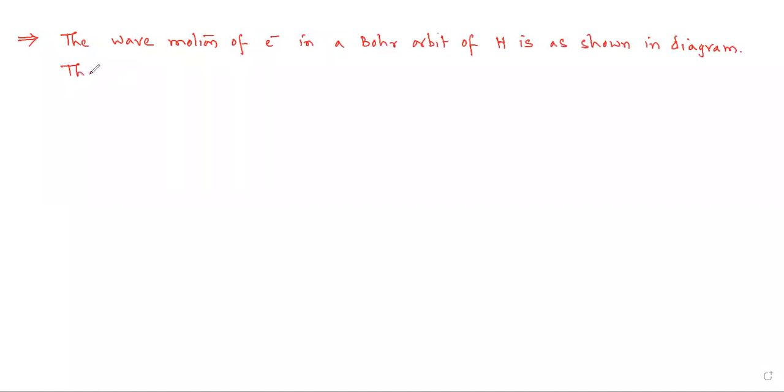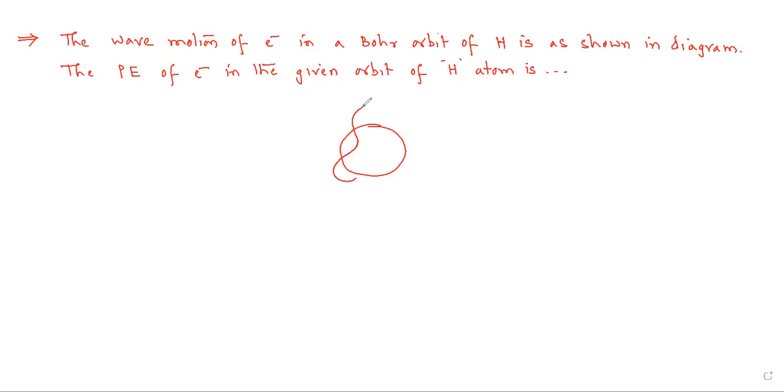The potential energy of electron in the given orbit of hydrogen atom. Now this is what they have given.